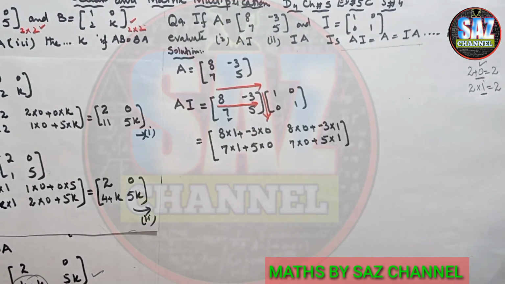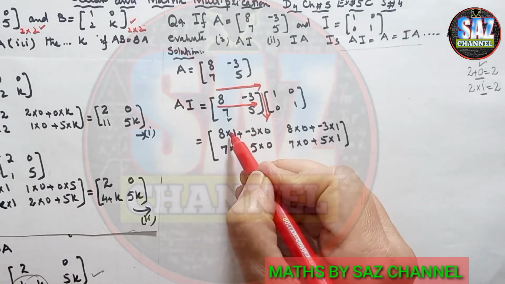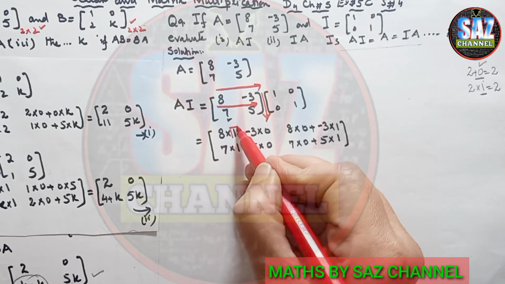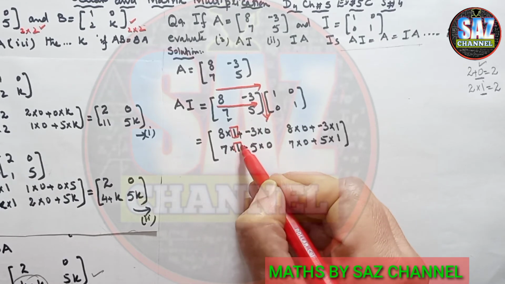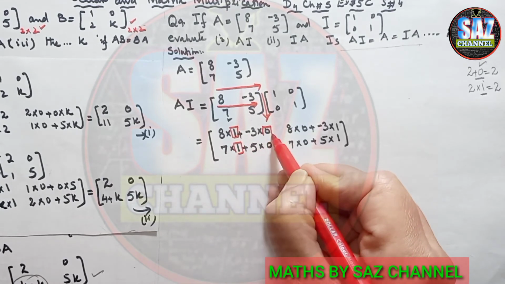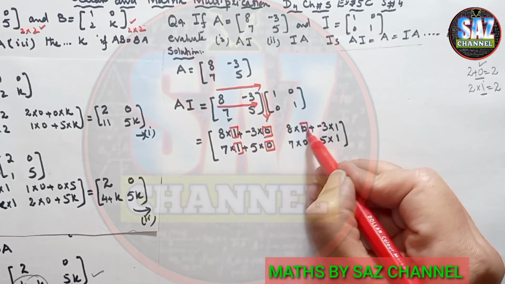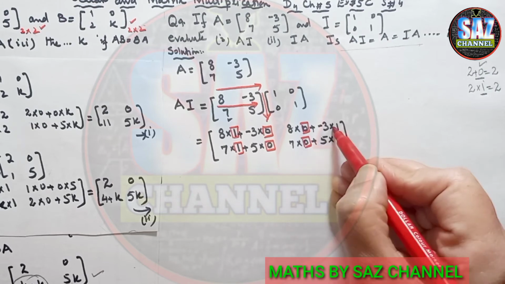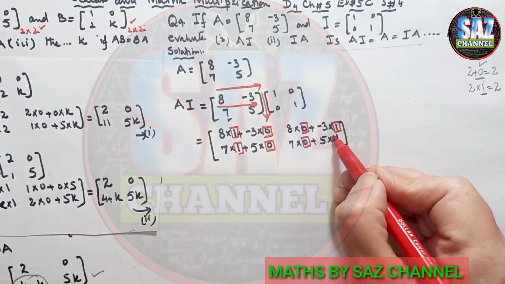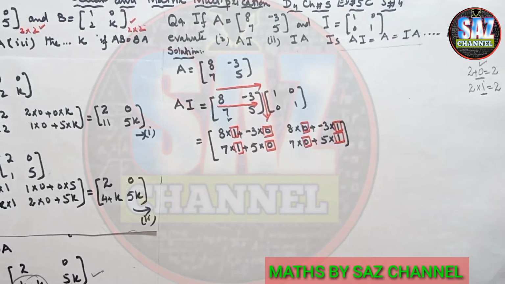Now if you see carefully, in both the rows and columns of the product matrix, these entries are coming the same as the second matrix. I hope you observe your working pattern as well.